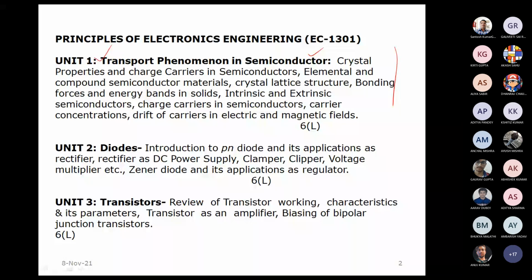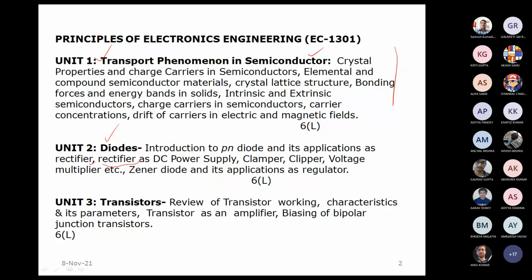After the semiconductor basics, we will look at the first device, diodes, and some applications of diodes will be seen, such as rectifiers, a very basic but useful application of the diode.